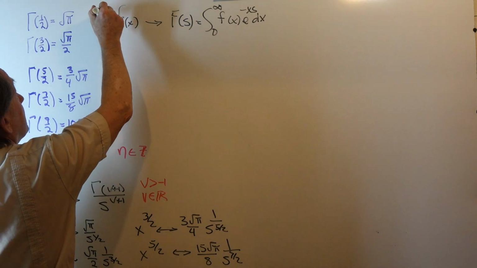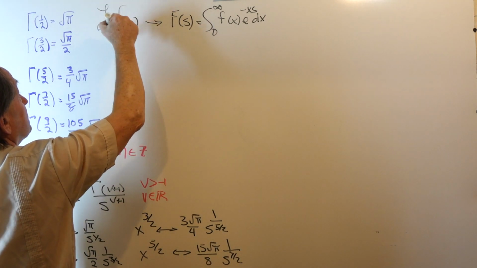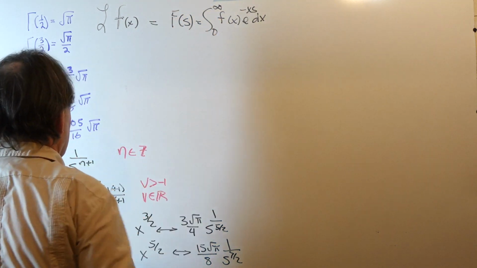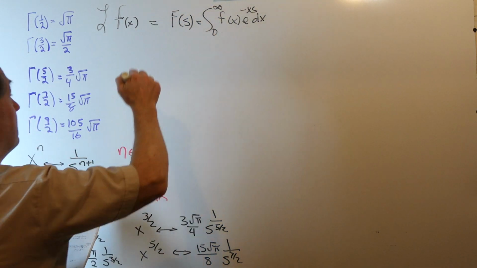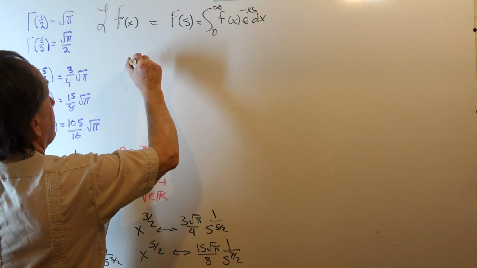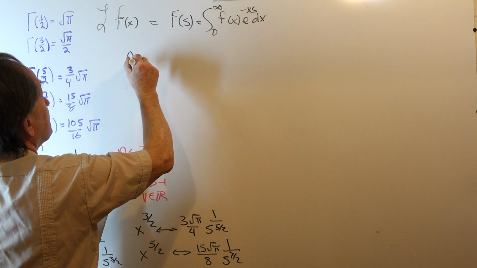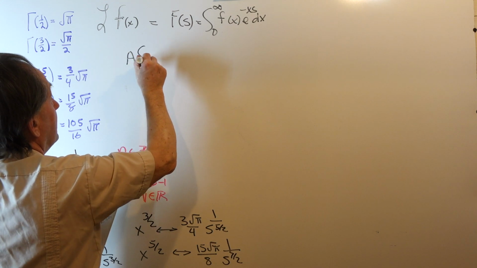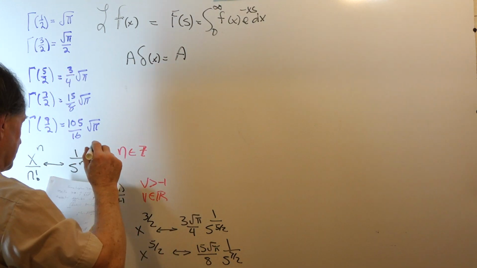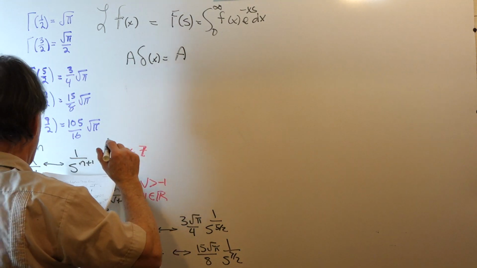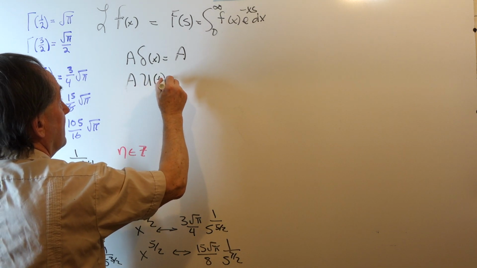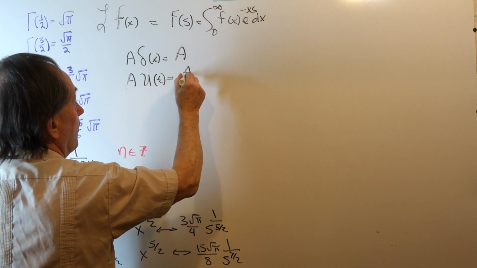If you put in the impulse and the step function, then the Laplace transform of a delta x just becomes a constant in the frequency domain, and u of t, the step function, becomes a over s.